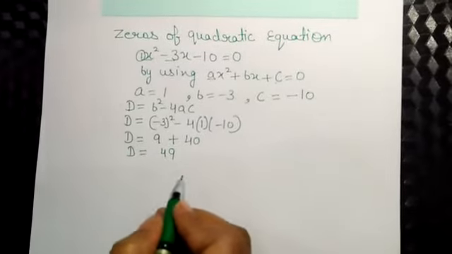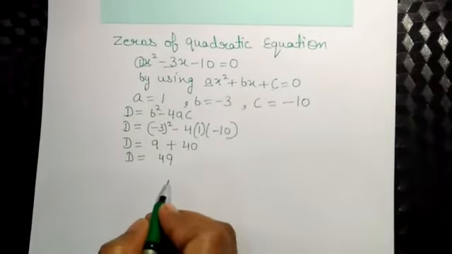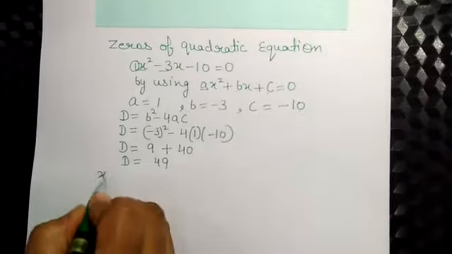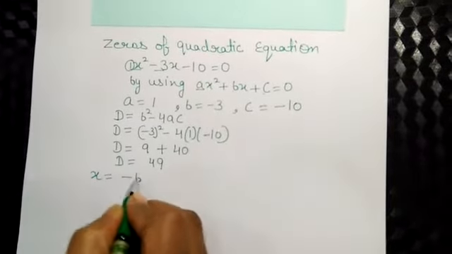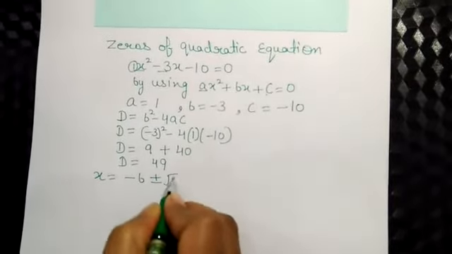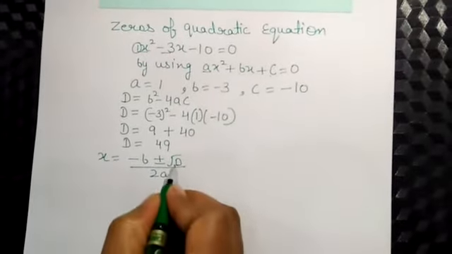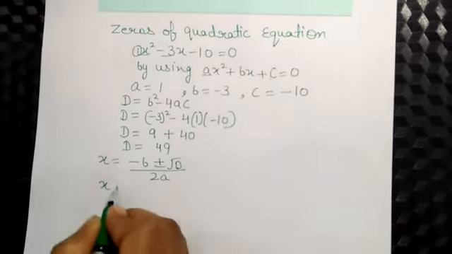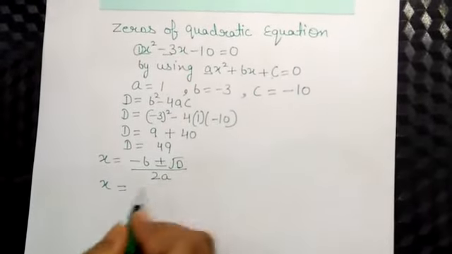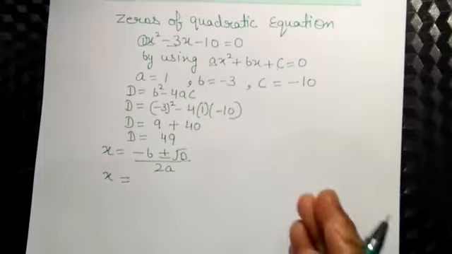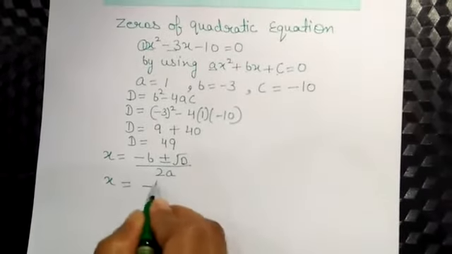Now we are going to use our formula to find zeros from this method, and that is x is equal to minus b plus minus root d upon 2a. It will be divided by 2a. Now we are going to use this formula in two different steps.